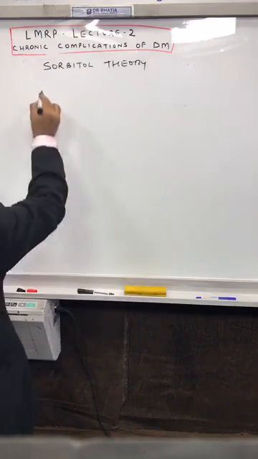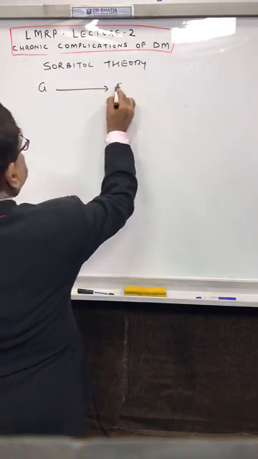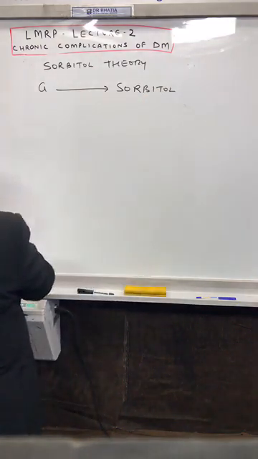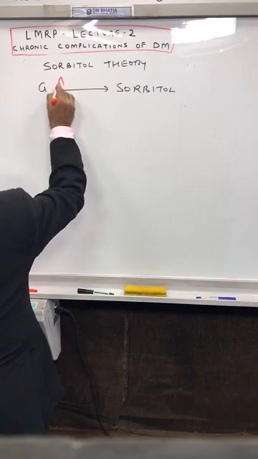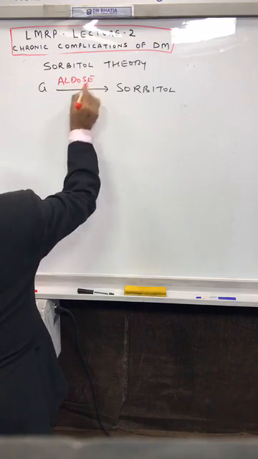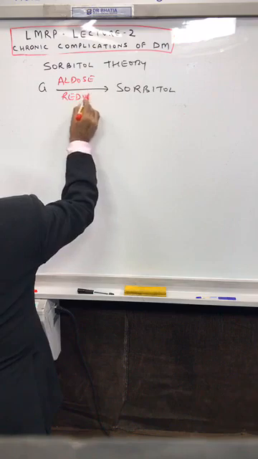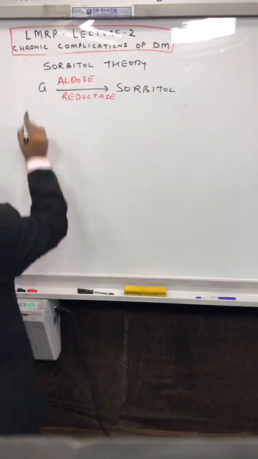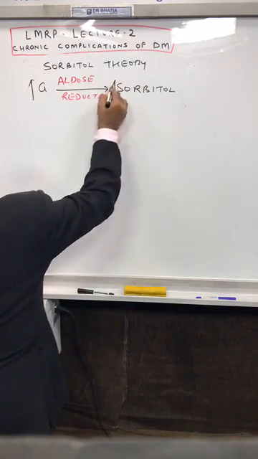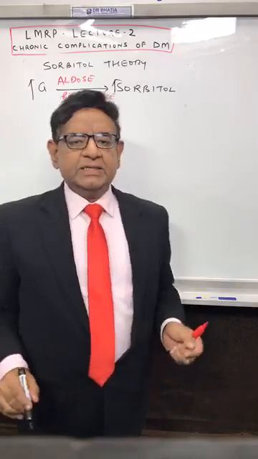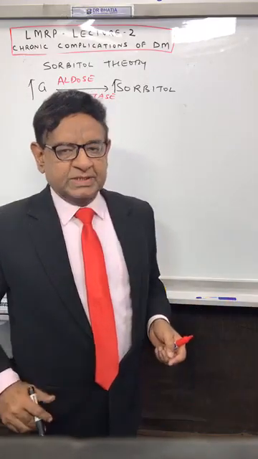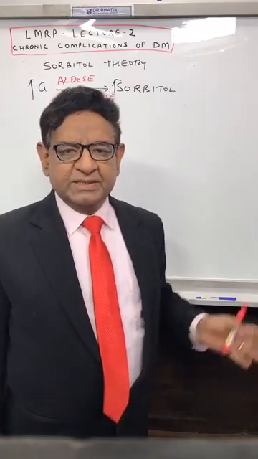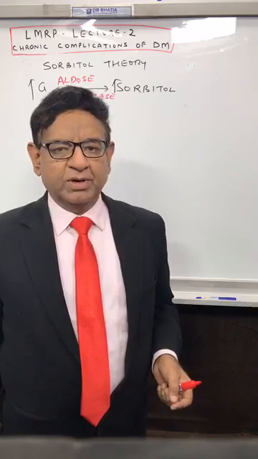Normally in diabetes, glucose is converted into sorbitol, and this is done by the enzyme aldose reductase. In diabetes, the more the glucose, the more the sorbitol. And this sorbitol acts like a tissue toxin. Many of the complications of diabetes like retinopathy and other things occur due to increased sorbitol.